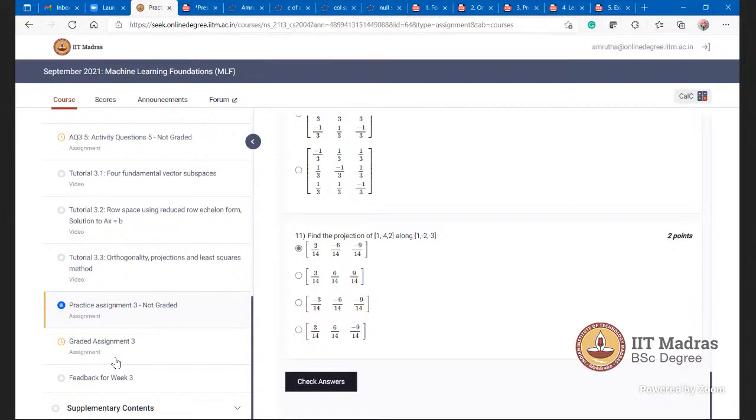Questions for quiz 1, can we expect them in the same line as the graded assignments, or will it be a little bit more complicated and difficult? You may expect difficult questions then. Right, because one of the reasons I see not many people coming to these sessions may be that they're finding it very easy.